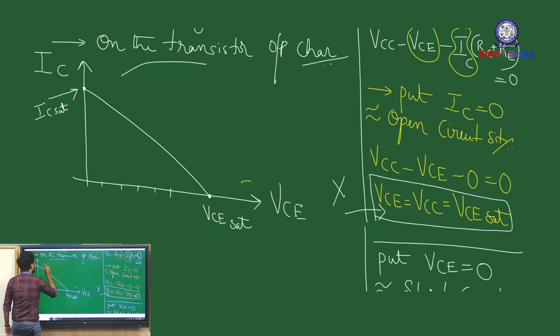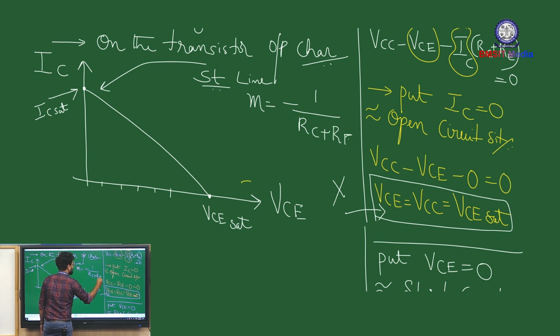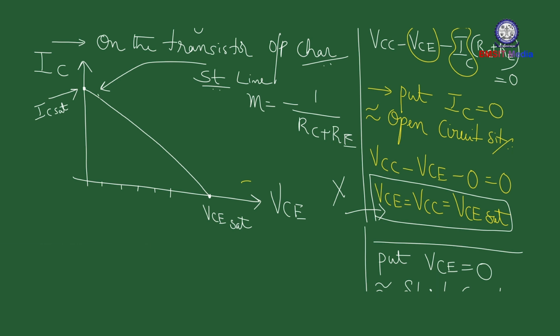Basically, you will get a straight line, and the slope of this straight line is minus 1 by RC plus RE. Why negative? Because it is traced as a decreasing ramp.